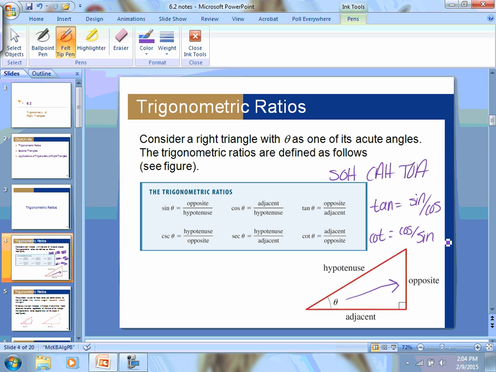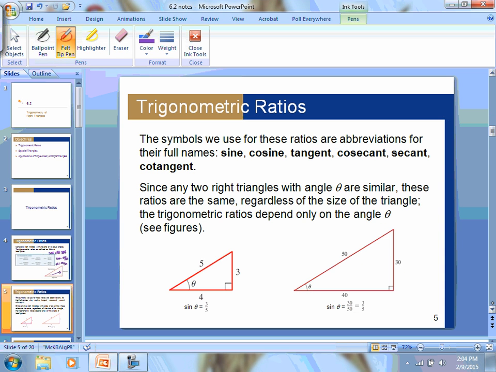So we know those ratios as well for tangent and cotangent. The symbols that we use to abbreviate their full names are listed there: sine, cosine, tangent, cosecant, secant, and cotangent. You know that already.